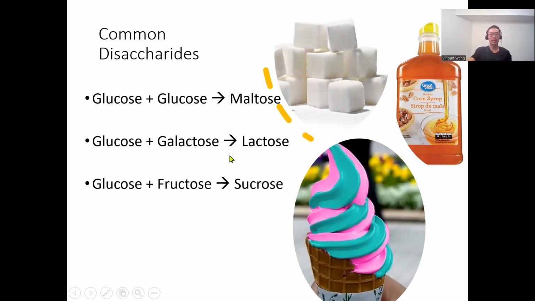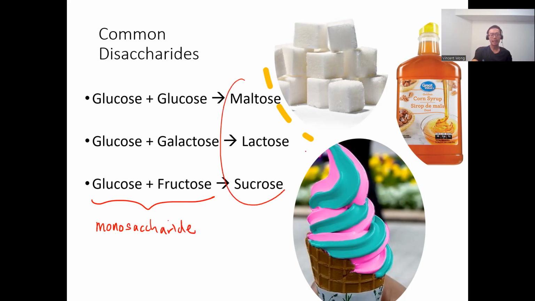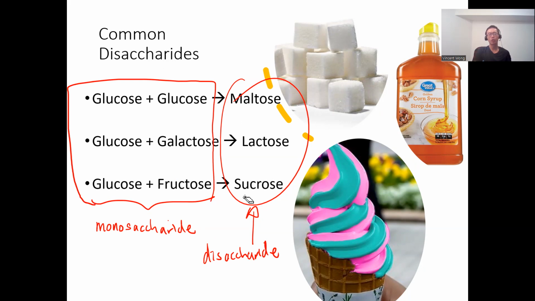Again, the things here on the left are monosaccharides, single sugars. And the things you form when you connect two of them together are disaccharides. We already looked at glucose and fructose giving you sucrose, the kitchen stuff.